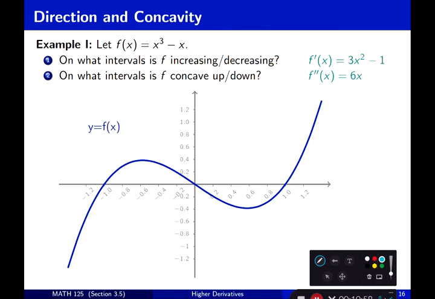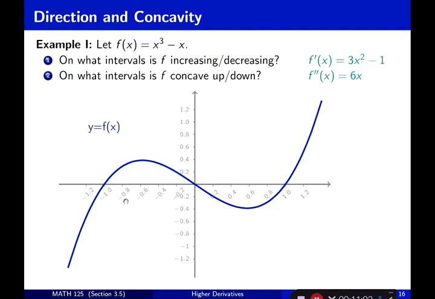Now let's look at this on the graph. So in here, I see that increasing, decreasing is happening. This orange line indicates the negative 1 over square root of 3, and that one positive 1 over square root of 3. And the function is increasing between negative infinity and negative 1 over square root of 3, and increasing from 1 over square root of 3 to infinity, and it's decreasing between negative 1 over square root of 3 and positive 1 over square root of 3.